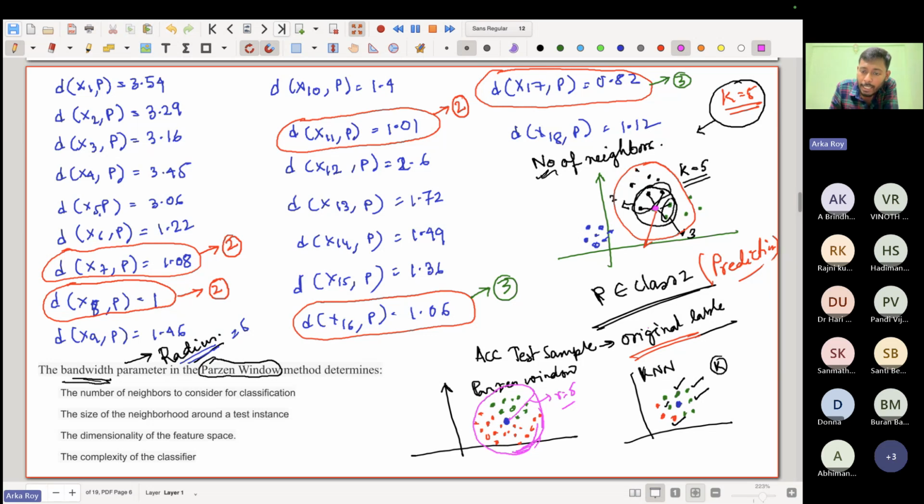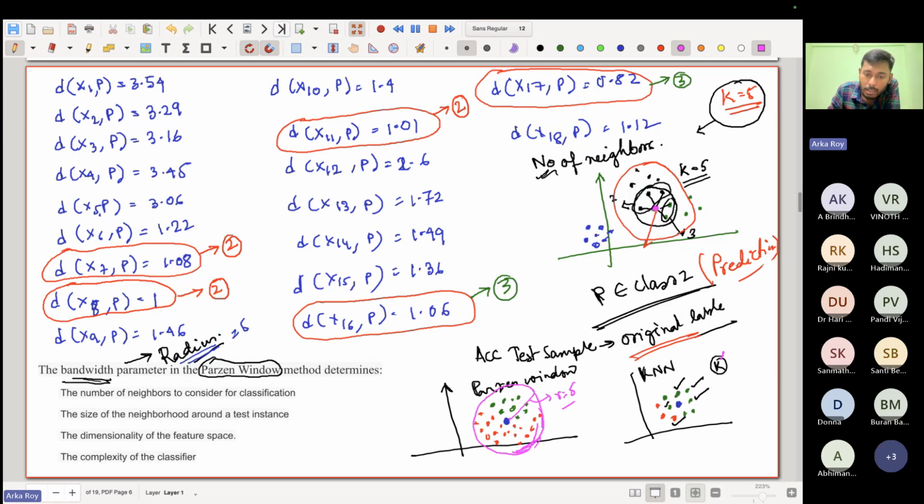Rather, in case of KNN, my k parameter was only talking about the number of neighbors. So if my k is equal to 5, I will be considering only 5 data points which have the lowest distance. However, in case of partition window, it is basically a circle with radius r equal to 5, which is the bandwidth parameter.